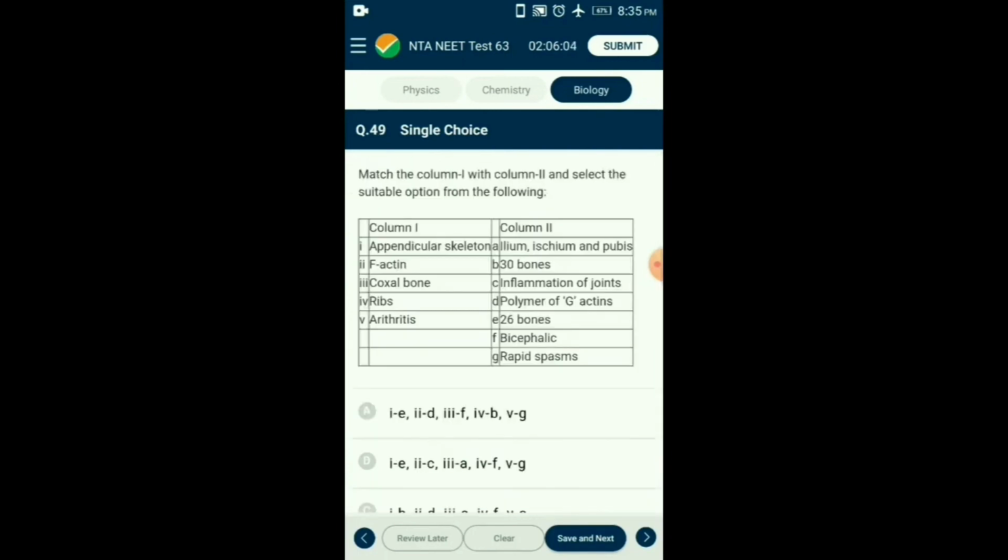Question number 49. Match the following, column 1 with column 2. Appendicular skeleton is composed of 126 bones while axial skeleton consists of 80 bones. F actin is helically wound around each other and is a polymer of monomeric G actins.